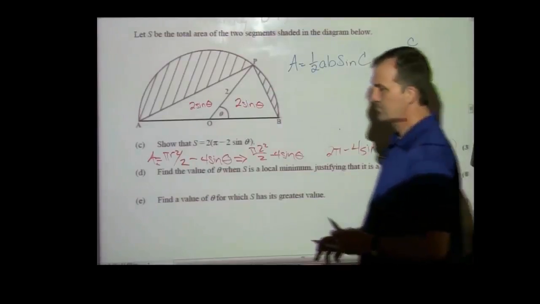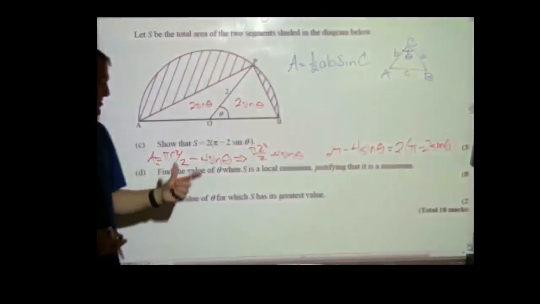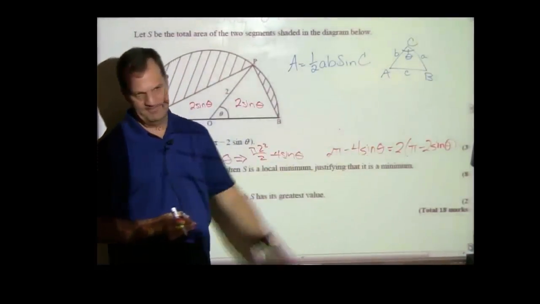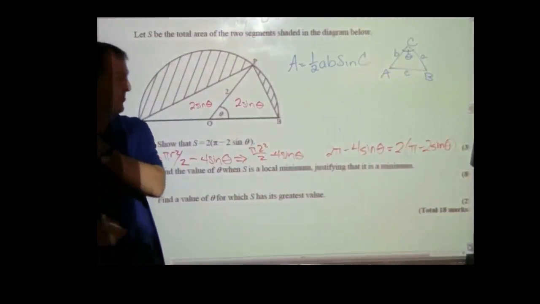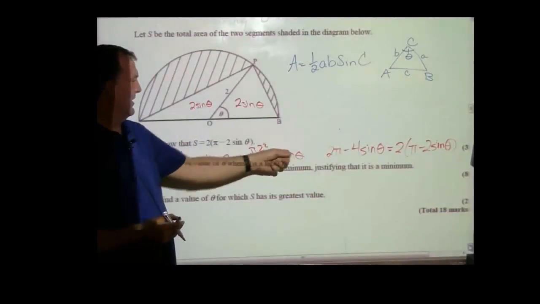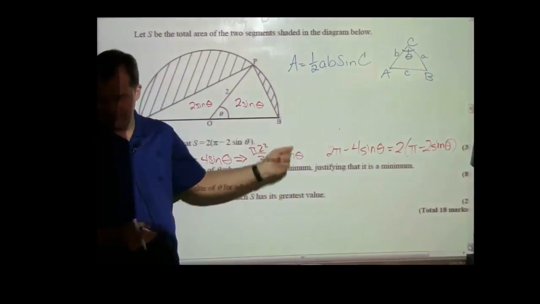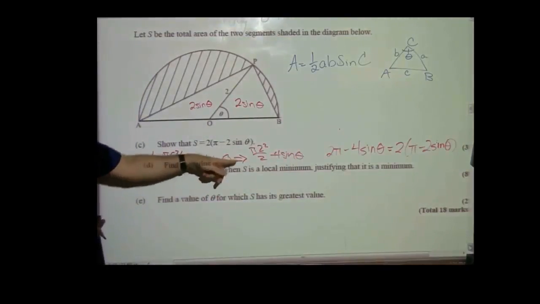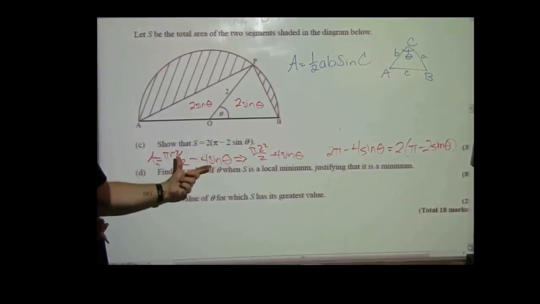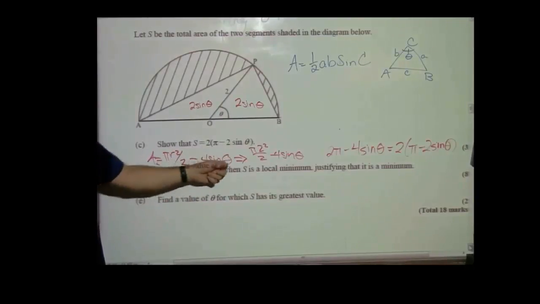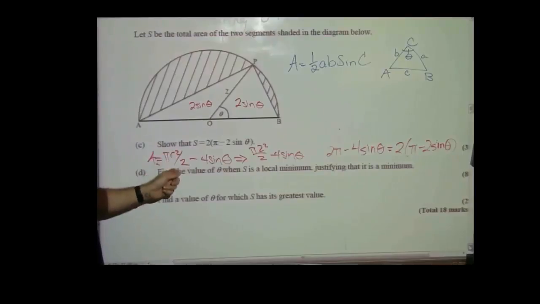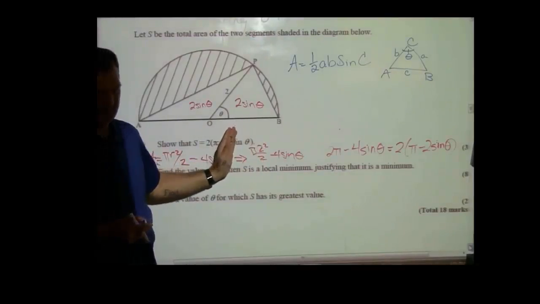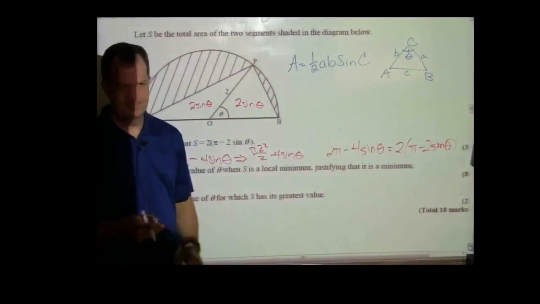Yep. The 3 marks, basically 1, 2, 3. You actually didn't need to write the first step, showing it's pi r squared. You could have started right there with pi 2 squared over 2. So there's 1, 2, 3.